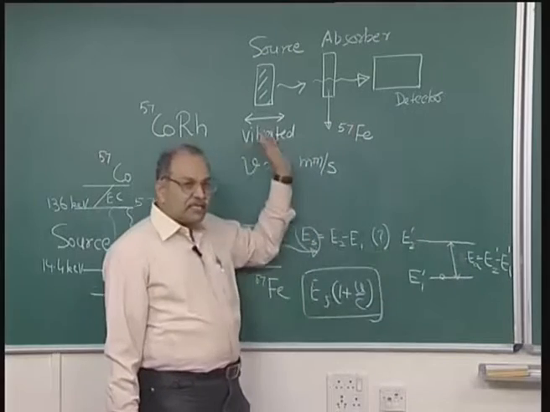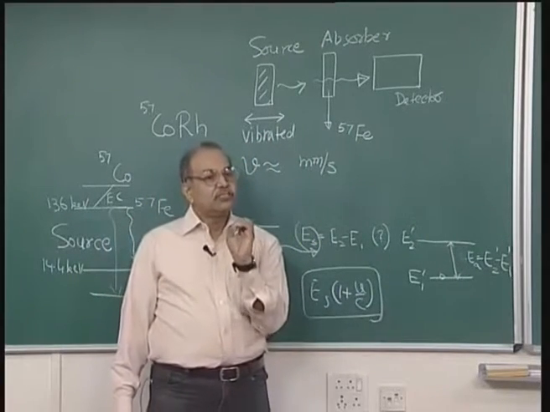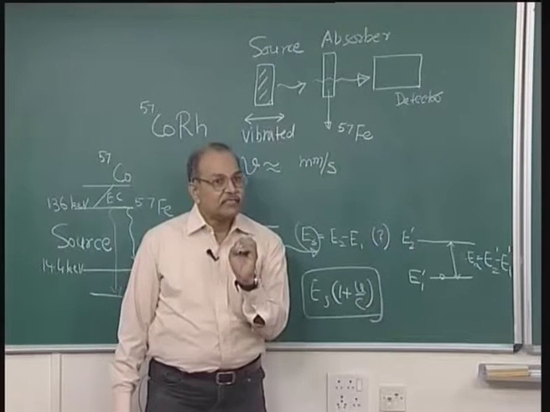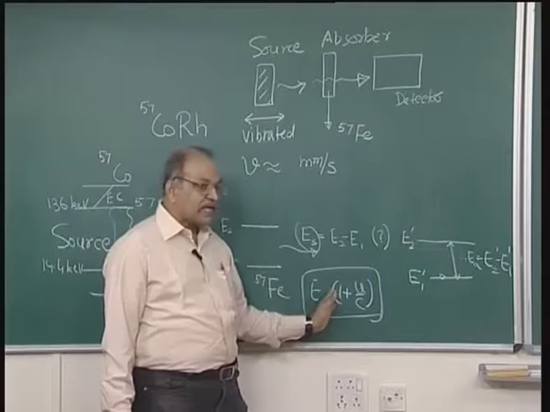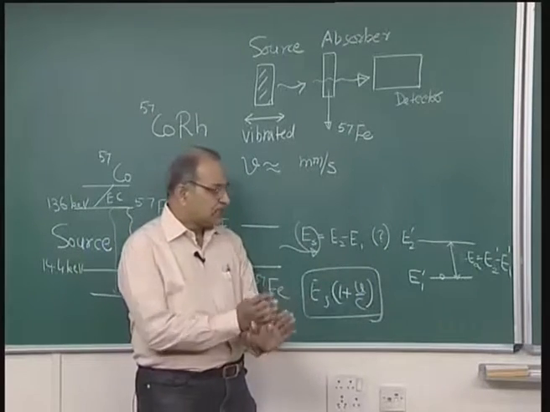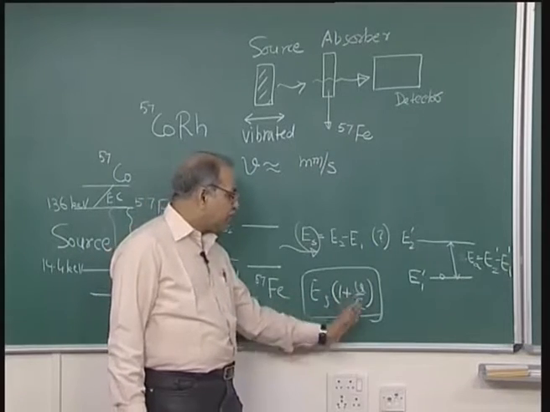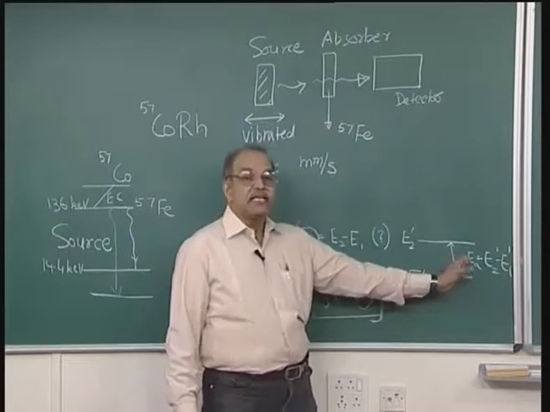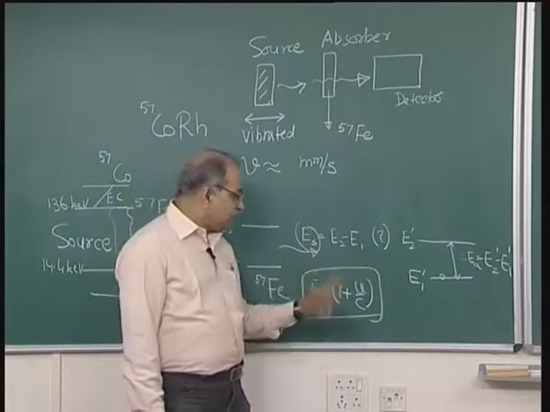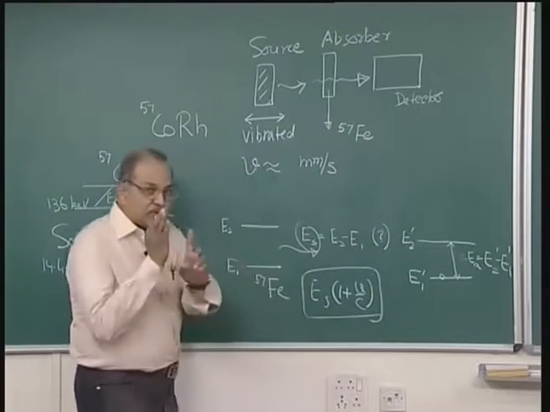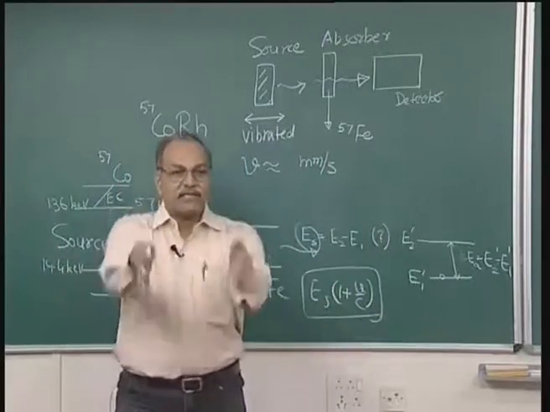But then when I vibrate this source and change the energy of the gamma ray because of the Doppler effect, at a certain point of time this E s (1 plus V by C) will become equal to E a if the velocities are proper. And it is a periodic motion, so in every cycle that will come.